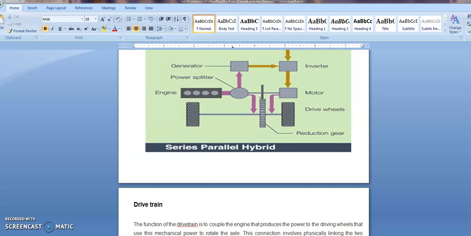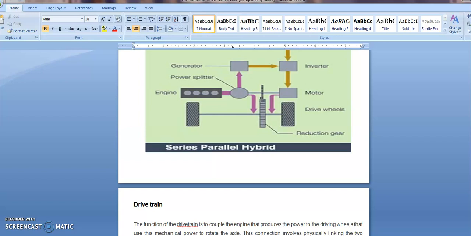So basically in electric vehicles we choose the epicyclic gearing system or direct gearing system to minimize the transmission loss. Here the gear train means the gears are combined with each other to drive the motor and the driving wheels.